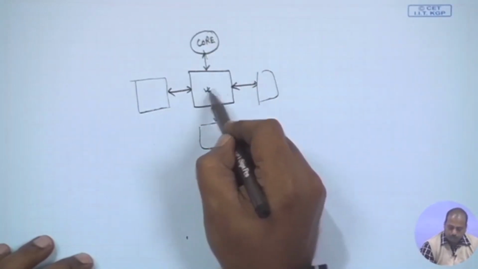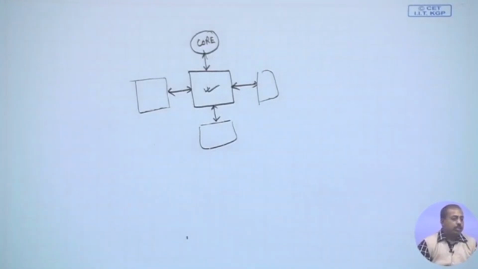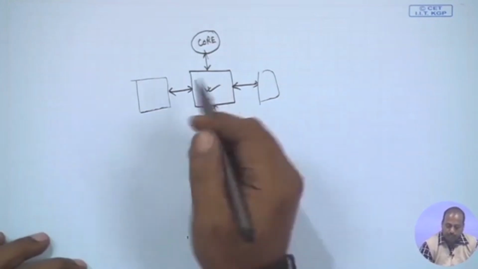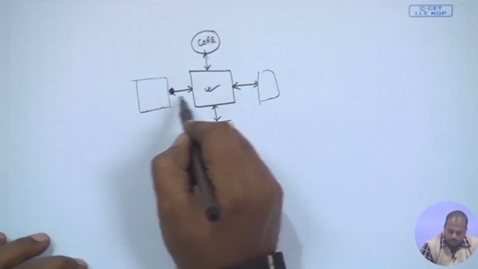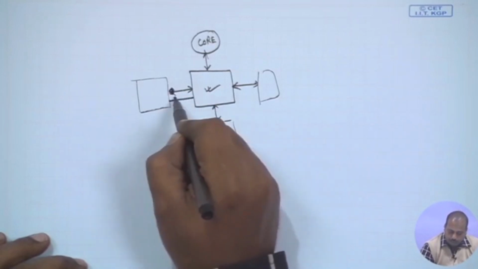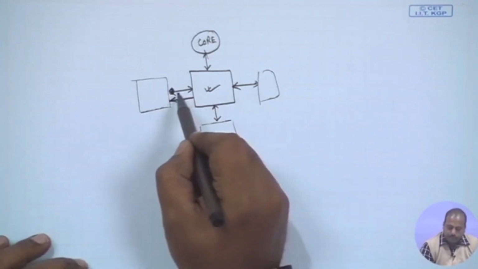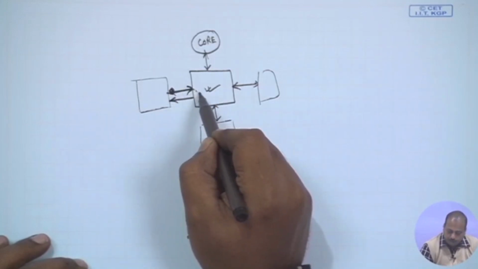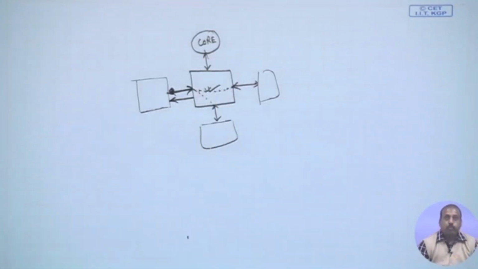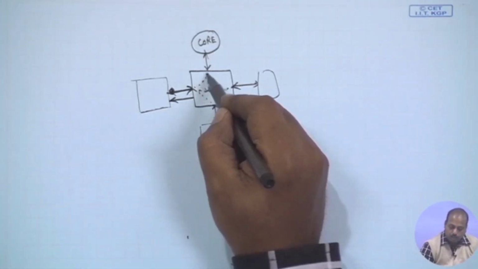What is the structure of this router? For every side there is a bidirectional link, which I can break up into 2 links, one coming into the router and one going out of the router. Traffic coming from this port may be required to be directed to this port, or to that port, or to the local port.